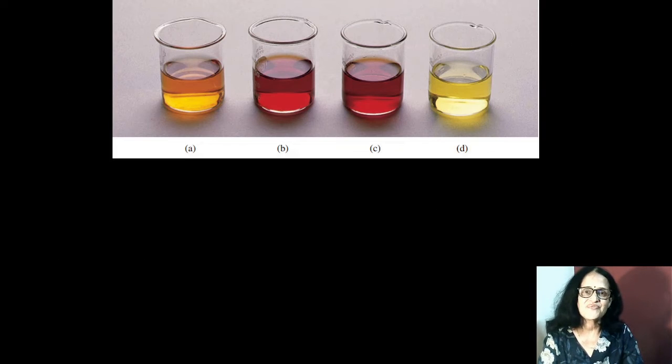The experiment which we are going to discuss here is about the aqueous solution of iron thiocyanate. Students, when iron thiocyanate is dissolved in water, an equilibrium is formed and that equilibrium has been shown in beaker A. So what is there in beaker A? Beaker A consists of aqueous solution of iron thiocyanate in which the following equilibrium exists.